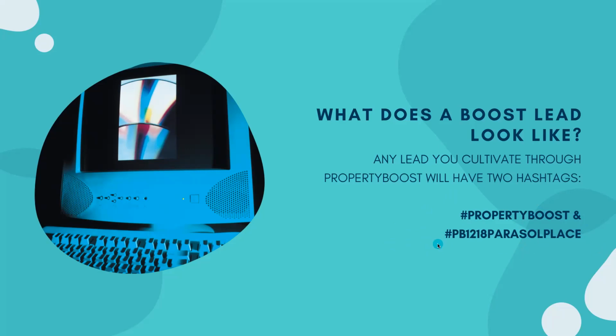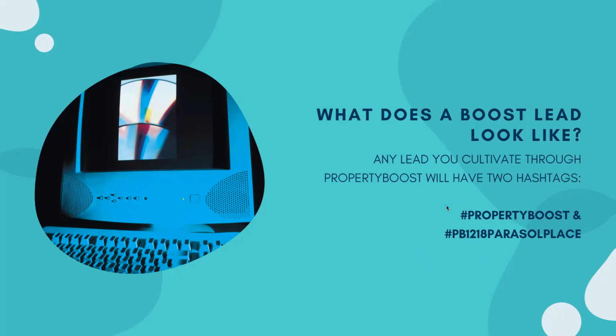Property Boost leads are pretty much at this point exclusively owned by the agent. And as we all know, one really big point of attraction to the system is that agent leads are private. So I can't actually use another agent's lead as an example to show you that, but I will show you where these hashtags show up and what they do.